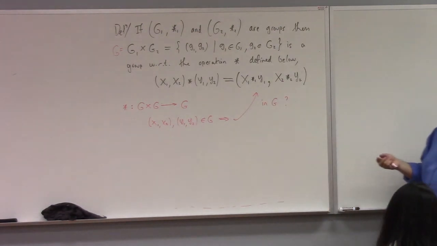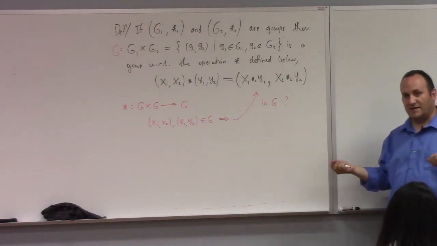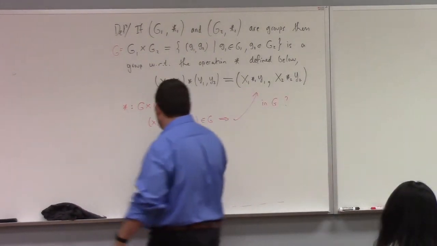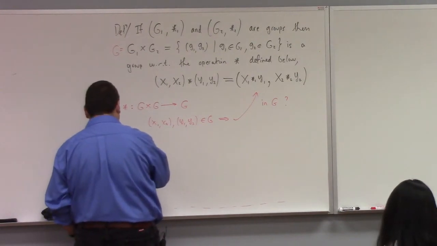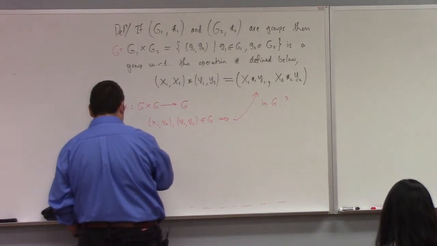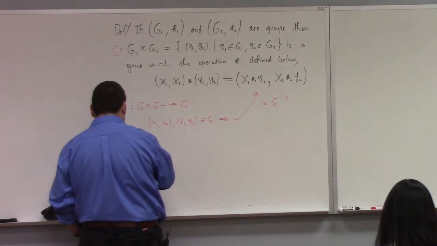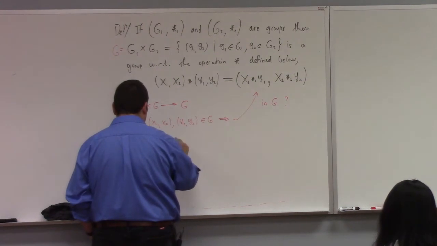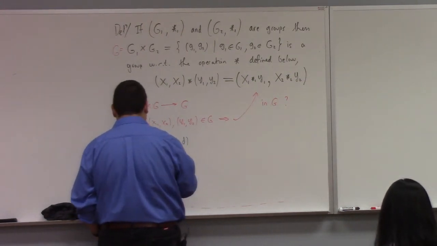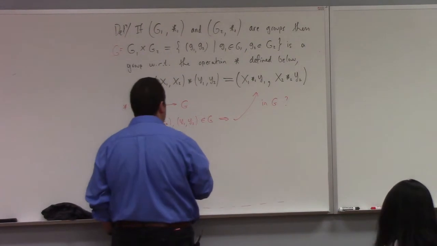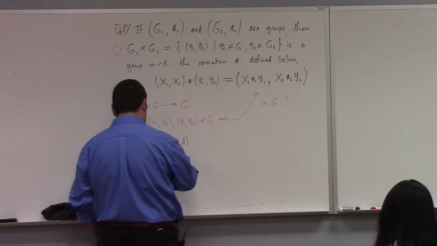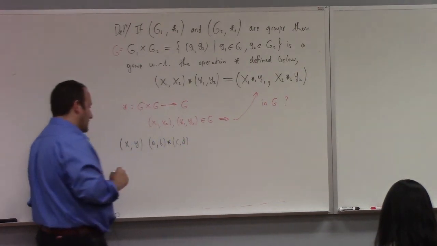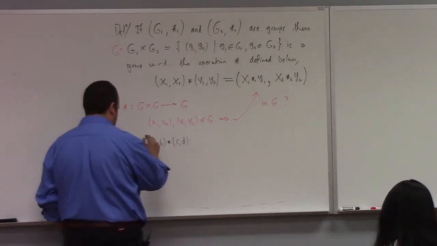Okay? Associativity. Fine, I'll write it down. You guys tell me. All right, here we go. I'm going to make up some letters: x, y, a, b, c, d. So, to associativity.